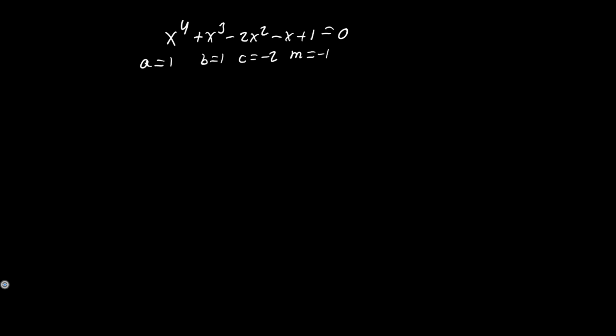So now we're going to go ahead and try to solve it again by doing the substitution. z is equal to x plus m, which is negative 1, so it will be plus negative 1 over x. And we're going to divide by x squared, so we have x squared plus x minus 2 minus 1 over x plus 1 over x squared is equal to 0.